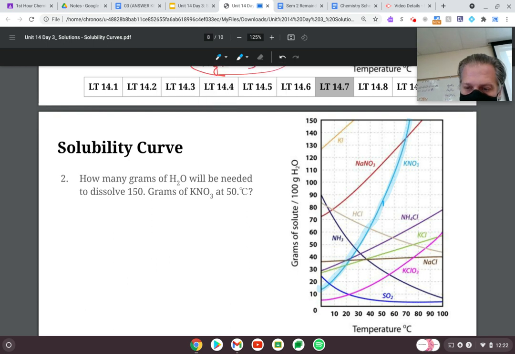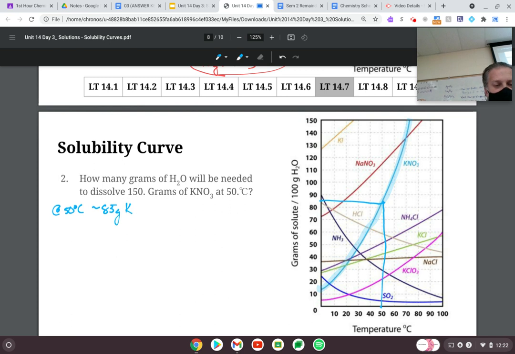So I'm going to take 50 and over, and I'm going to say at 50 degrees Celsius, I can dissolve about 85 grams of KNO3 in 100 grams of water. But the problem is asking me something about 150 grams of KNO3, so I'm trying to figure out how much water.